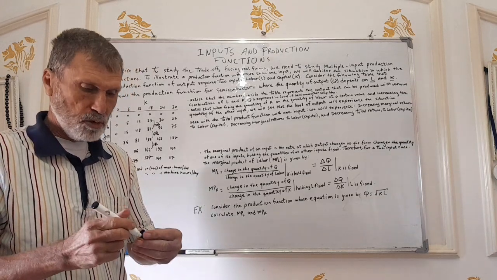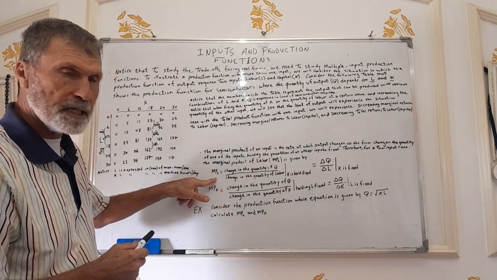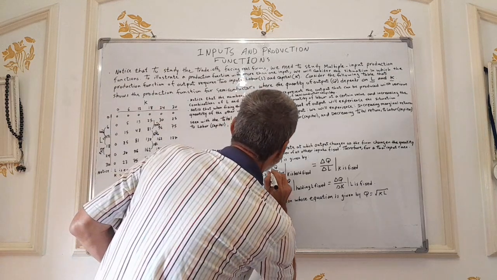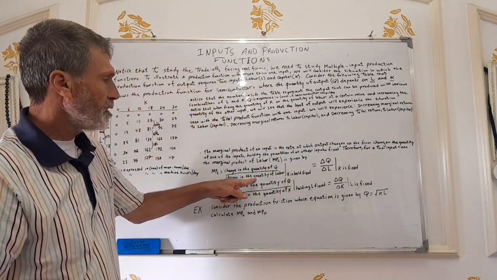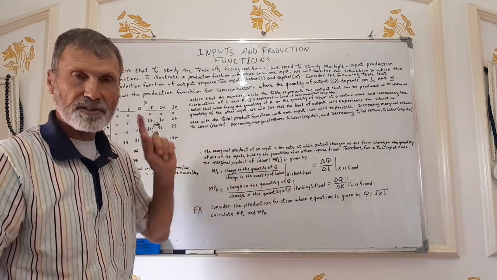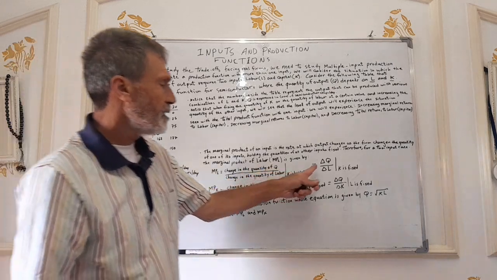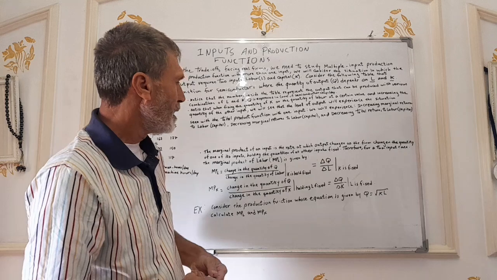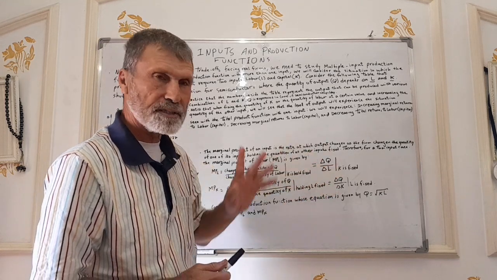How are we going to do that? Look over here. Marginal product of labor is the change in the quantity of output, Q, over the change in the quantity of labor, holding K fixed, which is, of course, using the derivative over here, delta Q over delta L, holding K fixed.